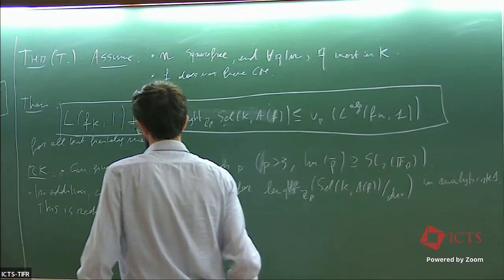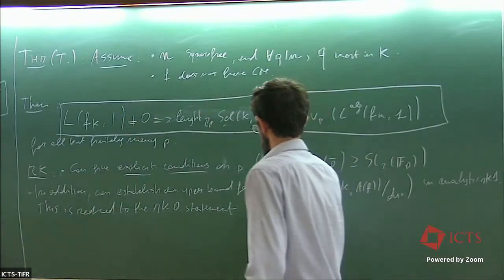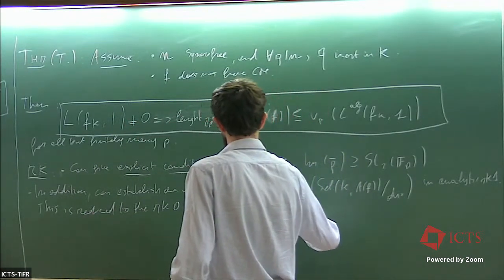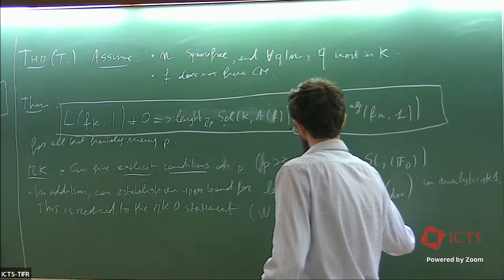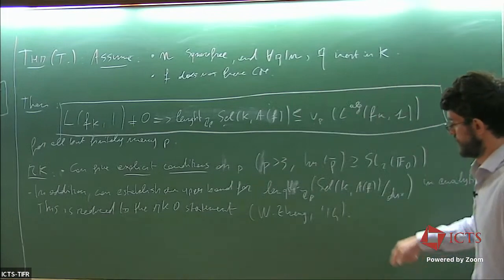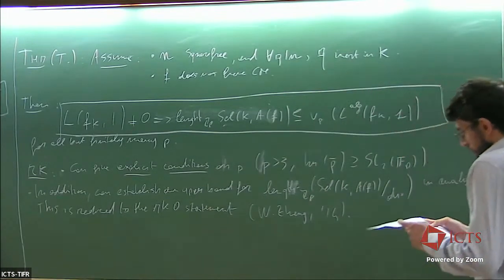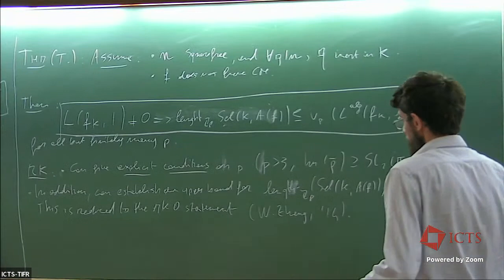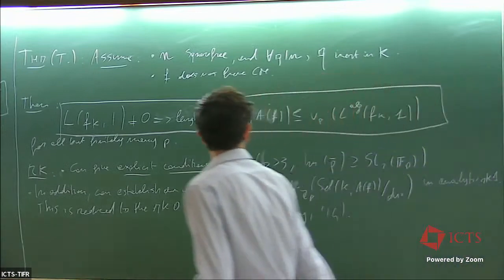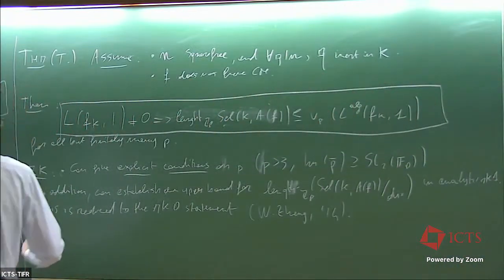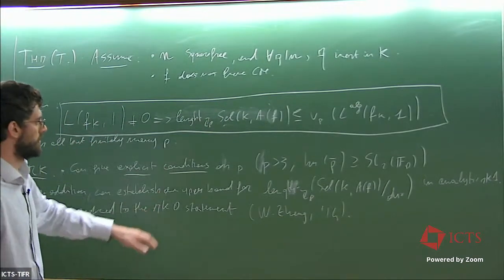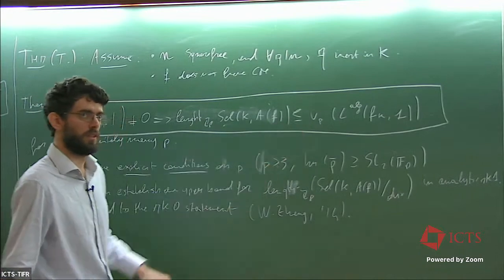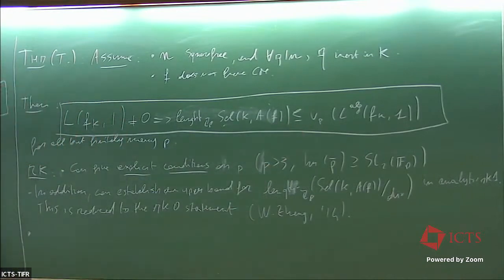And the basic idea of how to do it, I learned in a paper of Wei Zhang on Kolyvagin's conjecture in 2014. So the baby case of this already happens there. Okay, and then maybe the last remark I want to make is that, of course, what Bloch and Kato tell you is that this inequality should actually be an equality. And this I cannot prove, and you will see why, but I can at least give you some criterion.